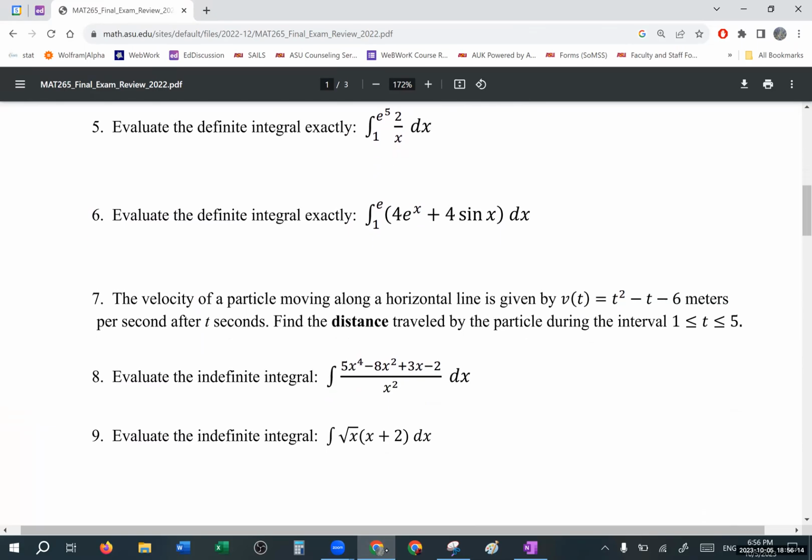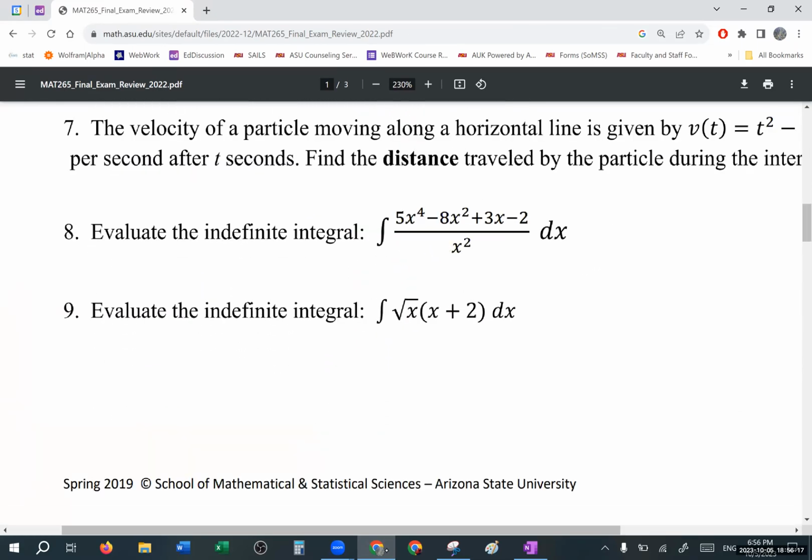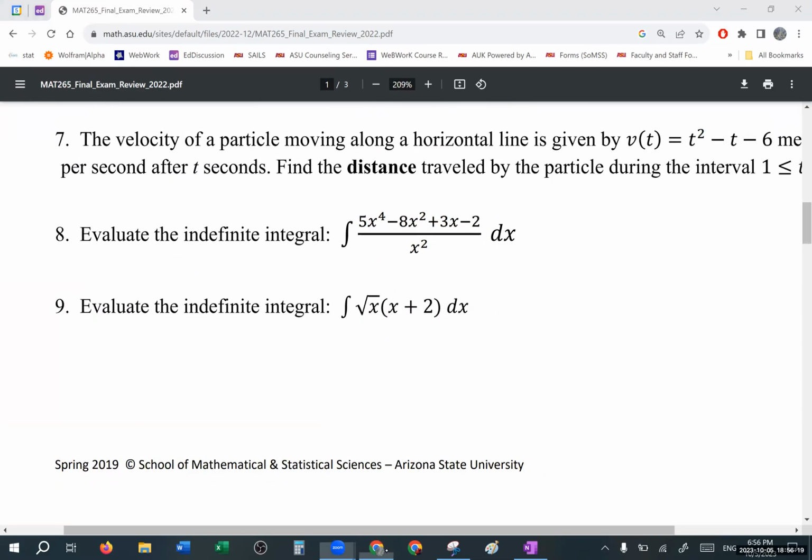So practice these, guys. These are not hard if you know that you need to simplify them first. Nobody requires you to do quotient rule with the integration. Yeah, in calculus 2 we're going to do quotient rule with integration. But they want you to simplify x to 4 over x squared minus 8x squared over x squared, and so on. And then cancel out lots of stuff, and then you have lots of power rule. Same here.